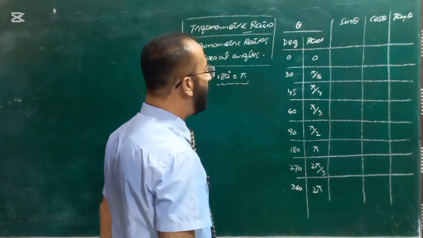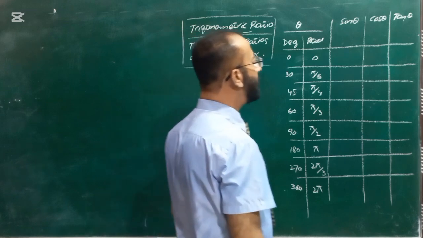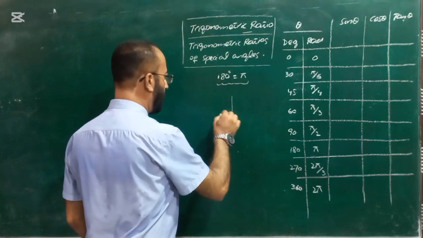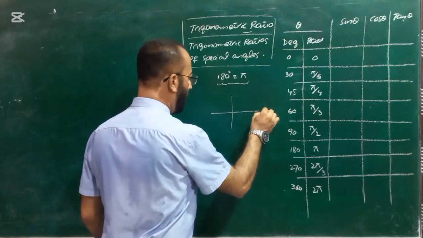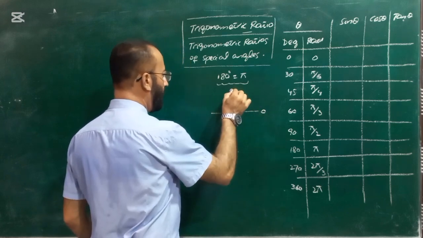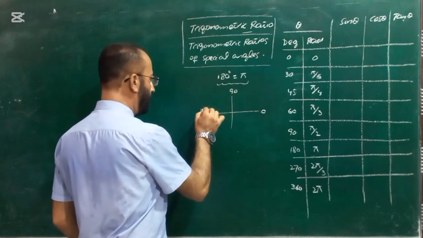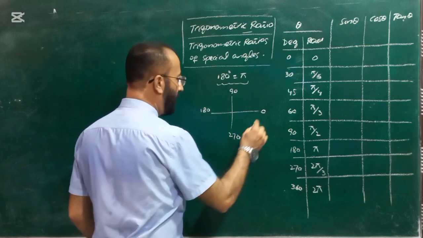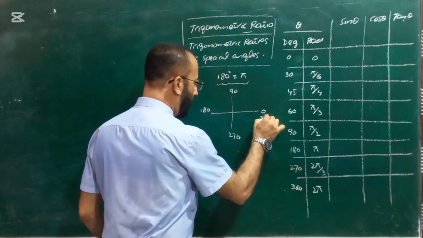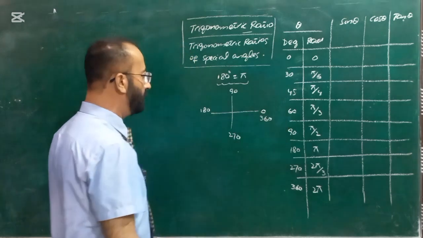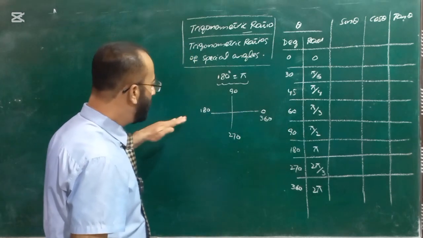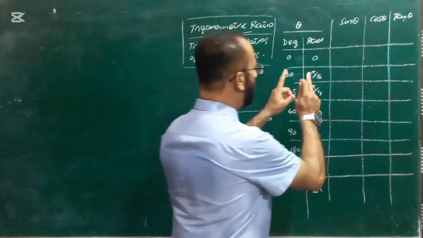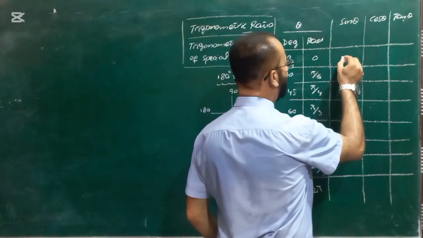So now the angles. So concentrate yourself. This is very important. So look now. Here is 0. Here is 90, 180, 270, and again 360. So at the horizontal line on the x-axis, sine is 0.